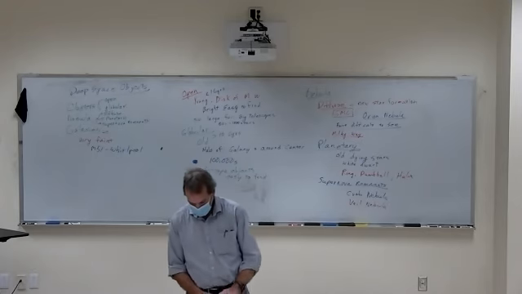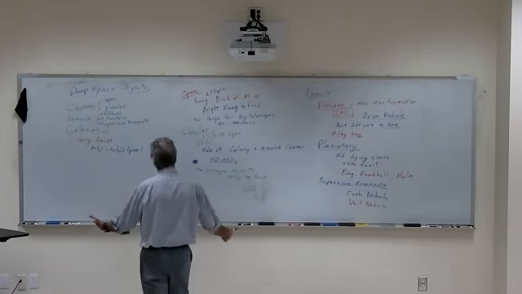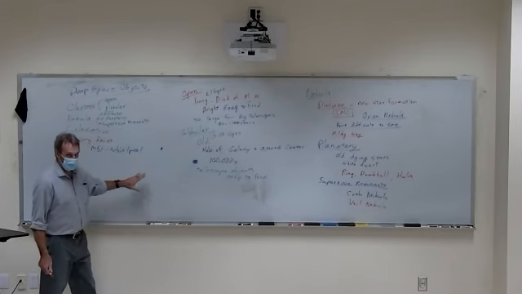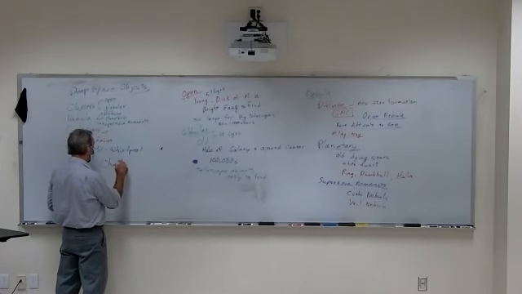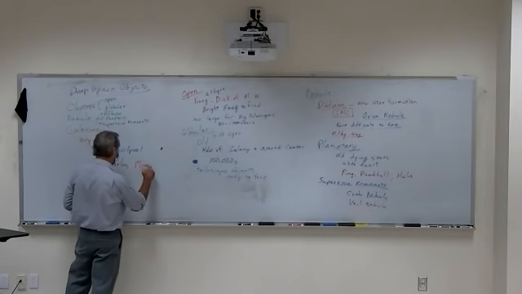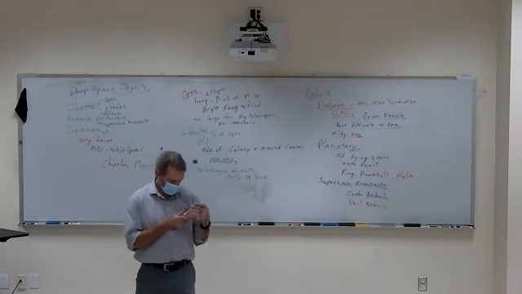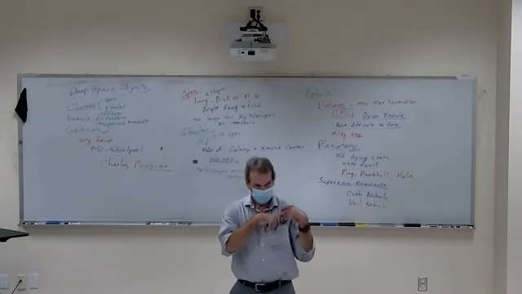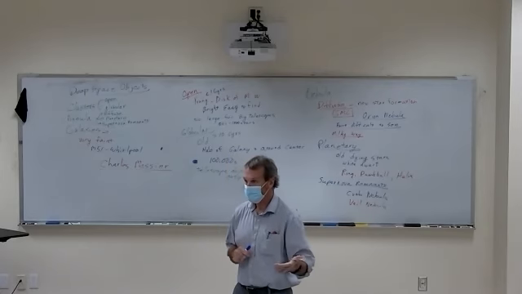When they started looking at all this stuff with telescopes way back in the day, there was a guy who became famous. His name was Charles Messier, a Frenchman. And what he did is he was actually looking for comets.